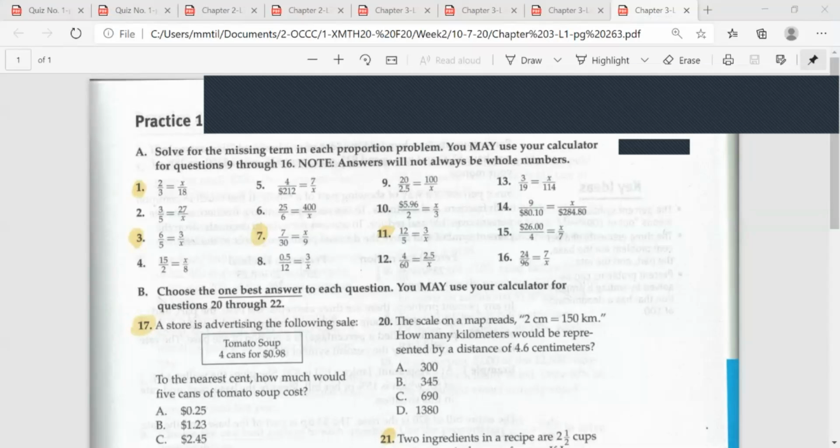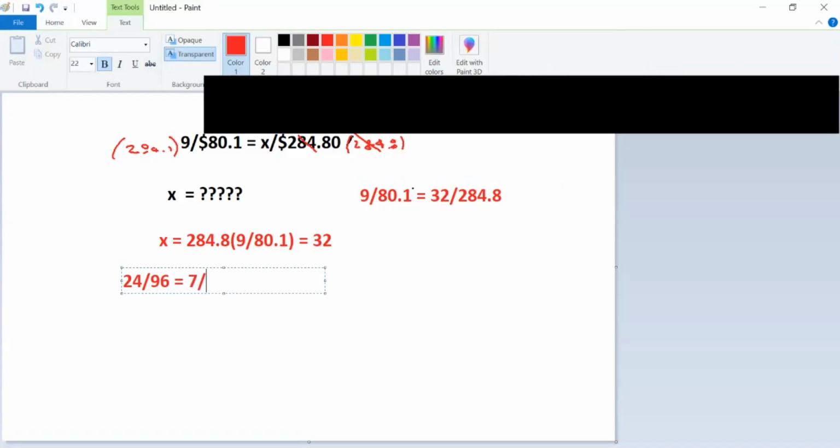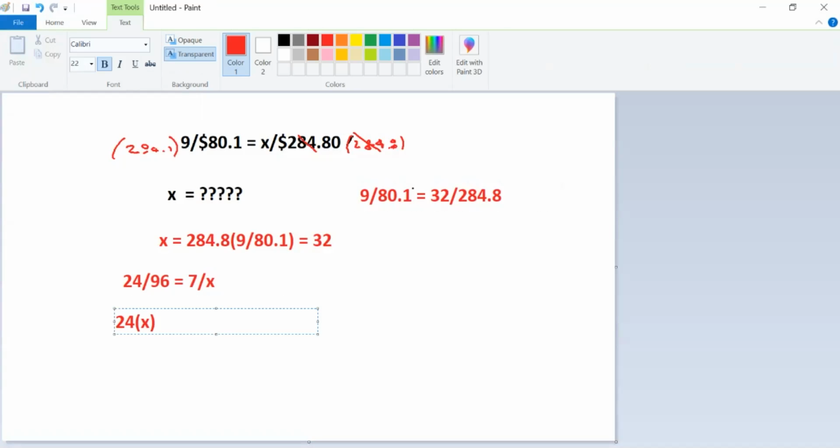So it looks like this: 24 times X is equal to 7 times 96. That's exactly what you do.